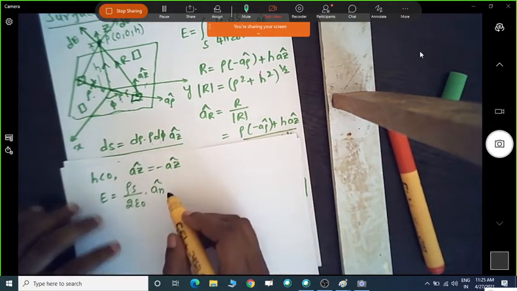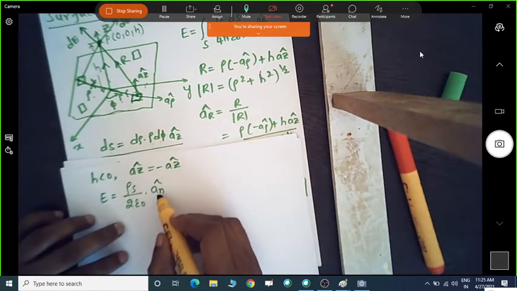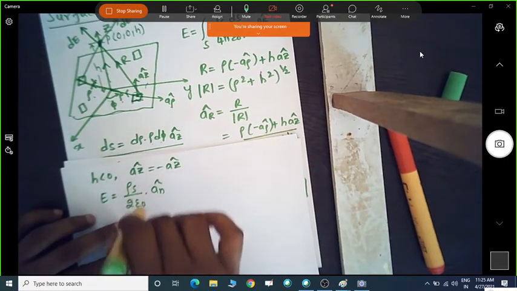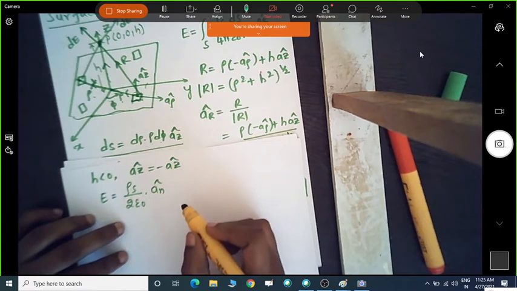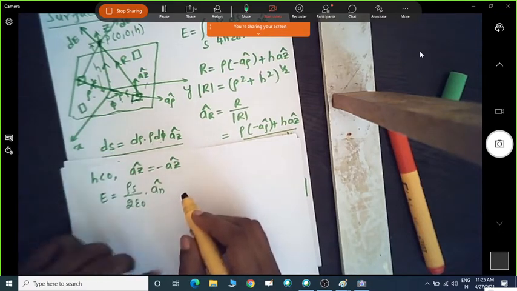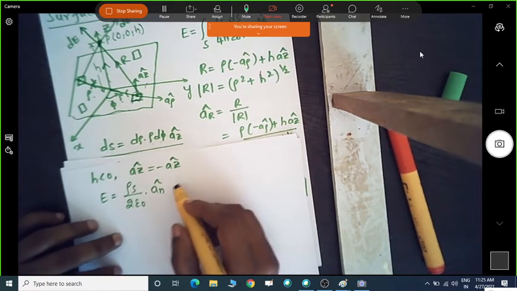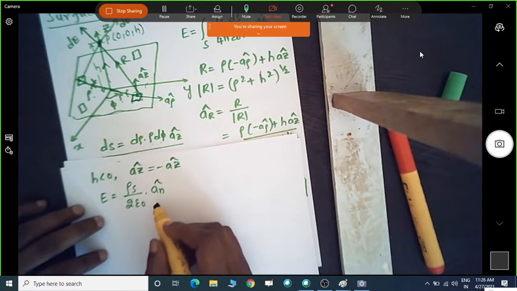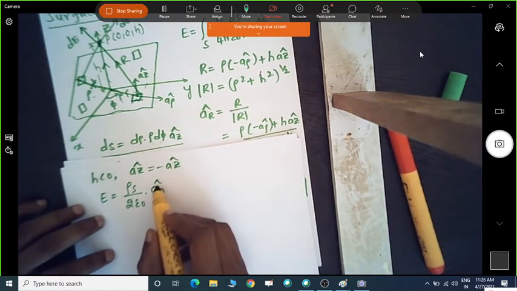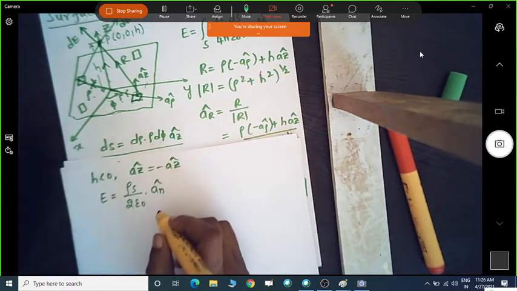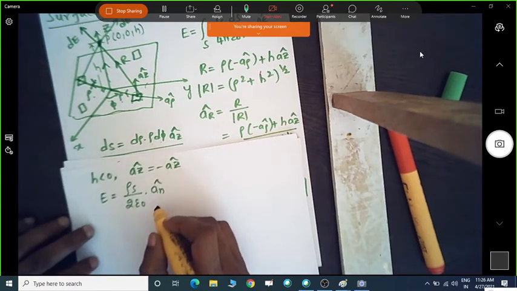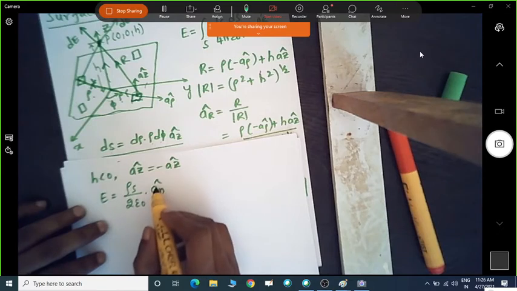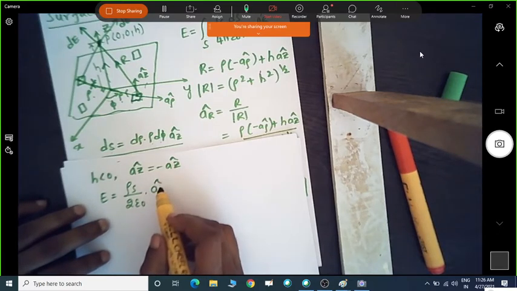Wherever the sheet is, this unit vector is always perpendicular to the surface of the sheet, whether it is in the xy plane or the xz plane, whichever plane you consider. So it is the vector normal to the sheet.